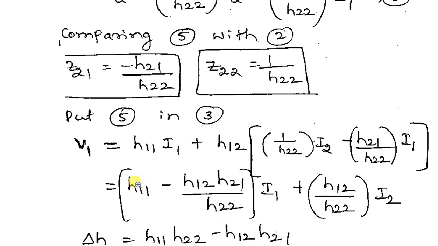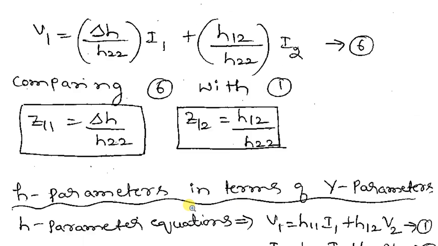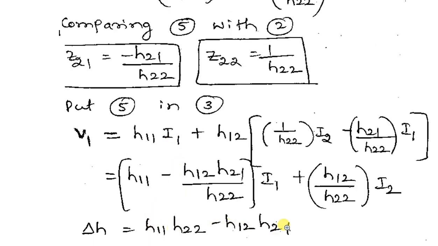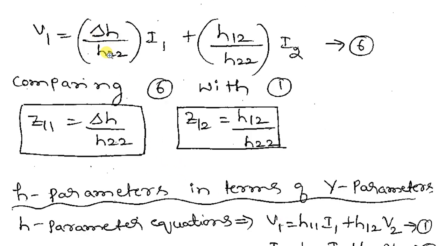Then you multiply these two and these two: H11 H22 minus H12 H21. That is actually the original H matrix determinant, delta H. So you can write this as delta H by H22 I1, plus H12 divided by H22 I2.